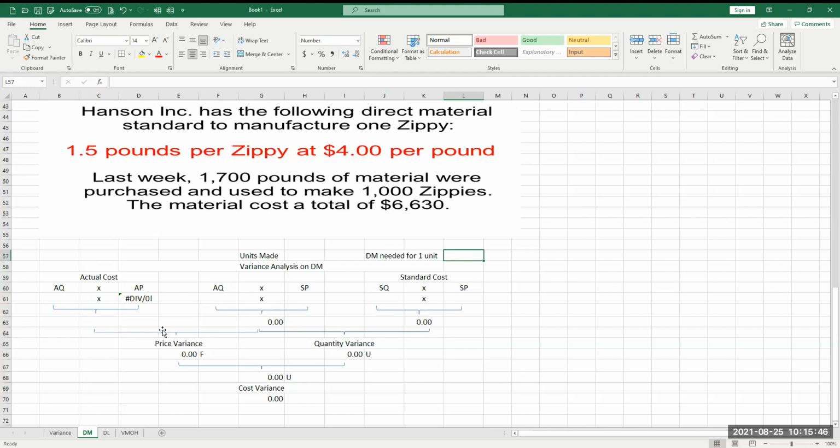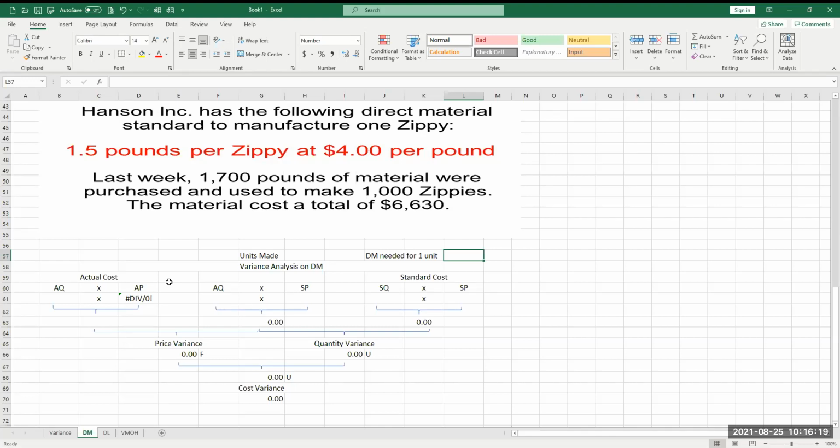Let's start reading the question and start filling the gaps. First, this company has the following direct material standards to manufacture one zippy. 1.5 pounds per zippy at $4 per pound. What can we get from this sentence? Can we get our standard price per pound? $4 per pound?